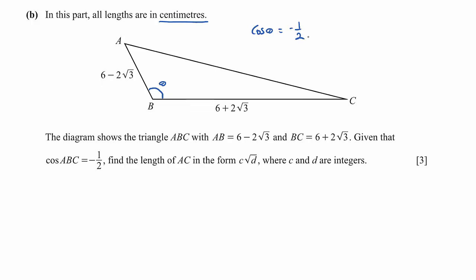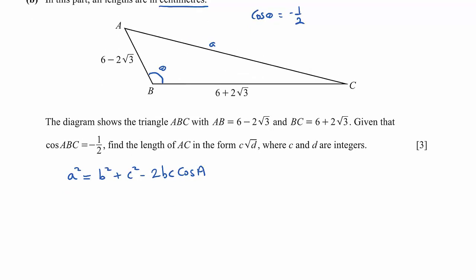We want to find the length of AC, so we could use the cosine rule here. So a squared is equal to b squared plus c squared minus 2bc cos A. So in this one I'm actually calling this side A, the one I'm trying to find over there.